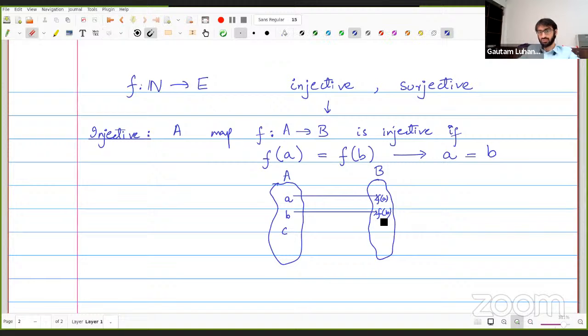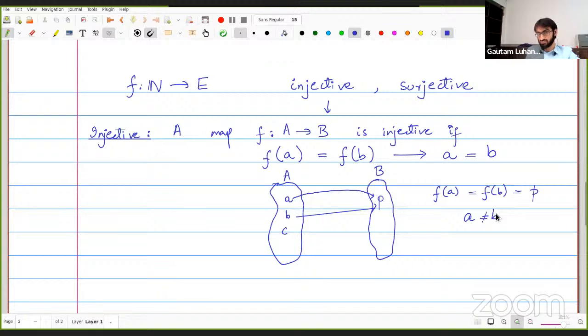Let's call the image P. If a were mapped onto P, and b were to map onto P as well, then f of a equals f of b, because they're both equal to P. However, a is not equal to b.